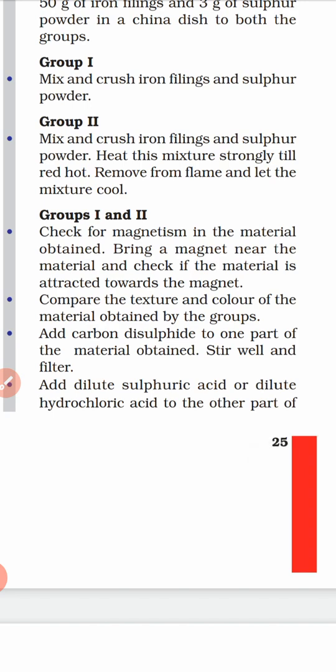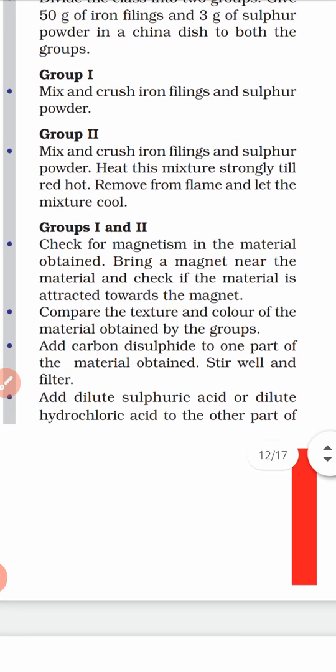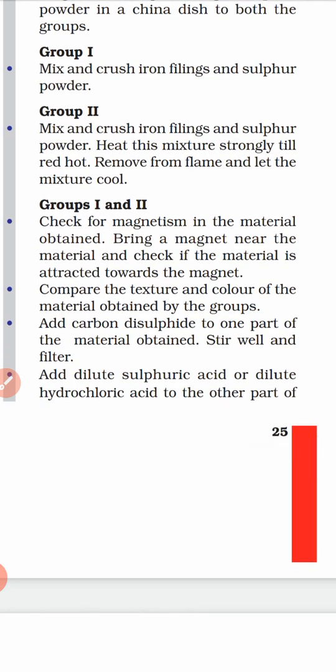The iron filings present in the mixture of group 1 will be attracted by the magnet. But in group 2, they don't have iron now. What they have is iron sulfide, so certainly it will not be attracted, because iron is not retaining its property.